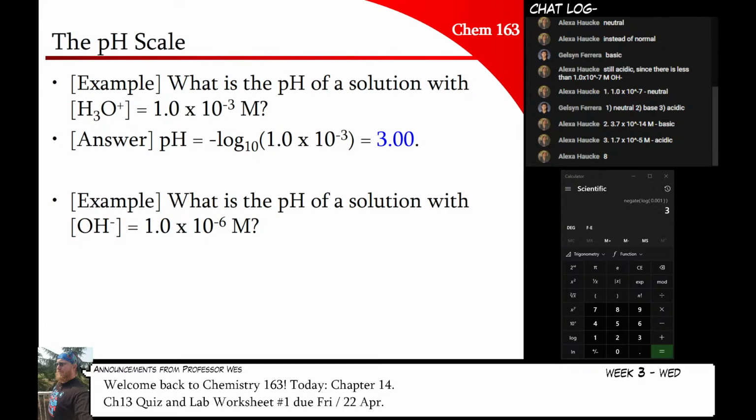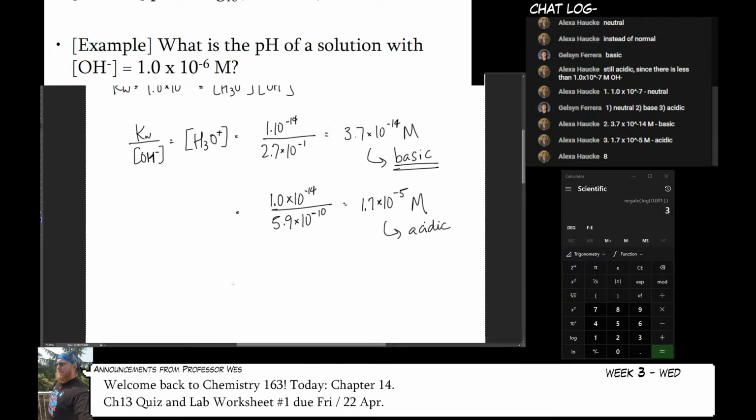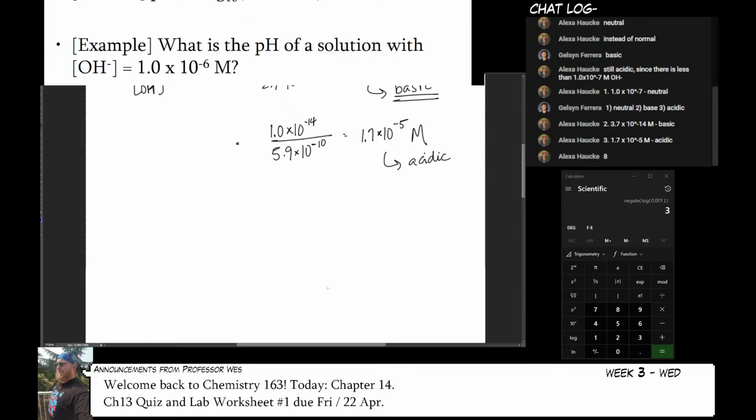All right, so if we do our calculation, oops, I can't see this because I put it behind a screen. Not H3O+, I have hydroxide. What am I doing? So if we do our calculation, I get that.